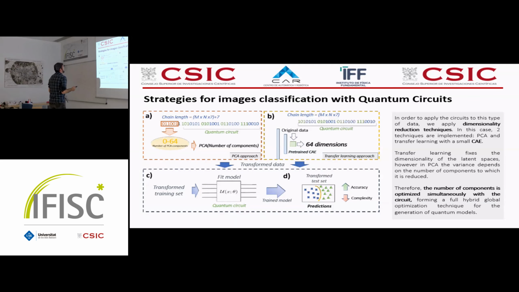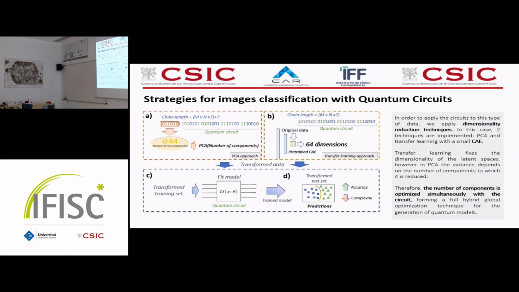With this model we have transfer learning, so the latent space dimensions are defined and fixed. We can't do anything with this, but with PCA maybe we could do something different.